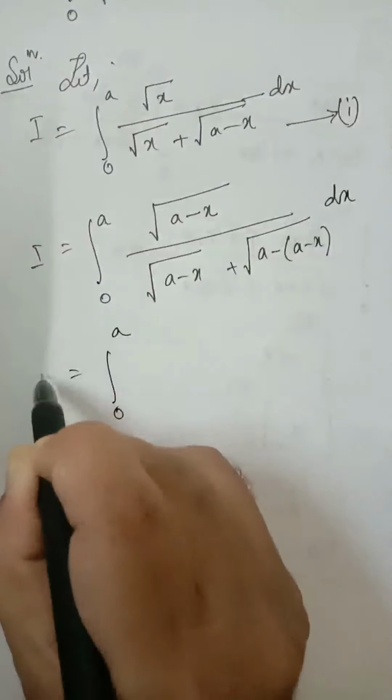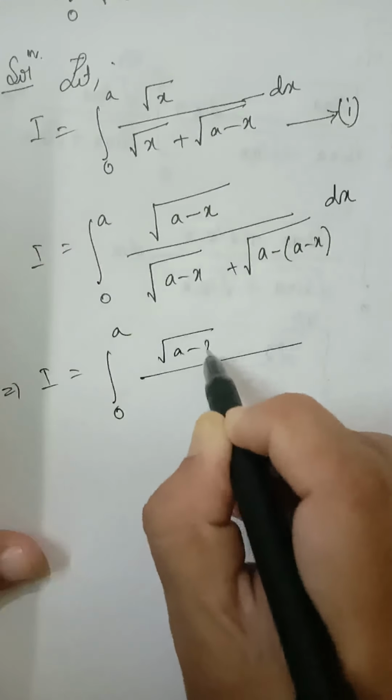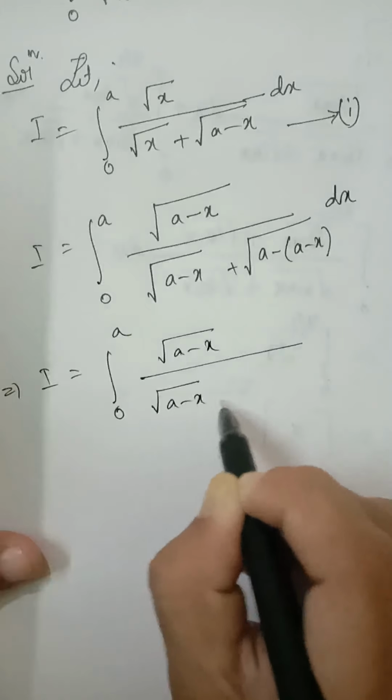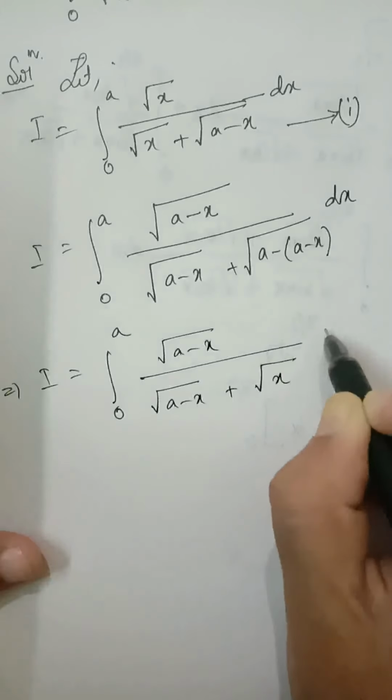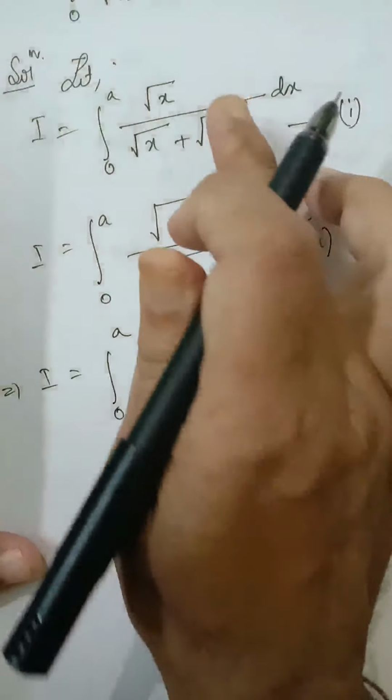So this integral will be I equal to root over a minus x by root over a minus x plus root over x dx. And this is number 2. Number 1, number 2.